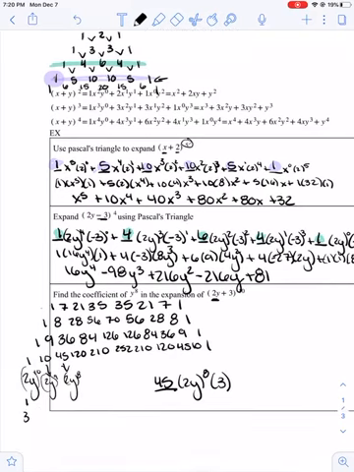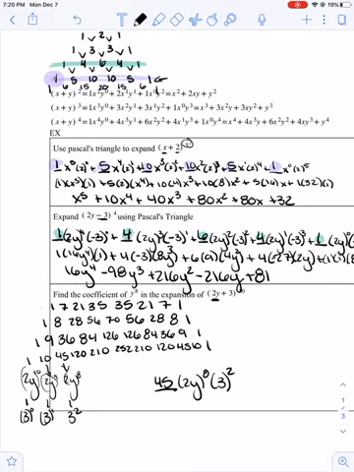So we need to figure out what power the 3 would be. It would start off being 3 to the 0 on the 1, 3 to the 1 on the 10, and then 3 squared on the 45. So add that squared in there. Now let's just simplify.